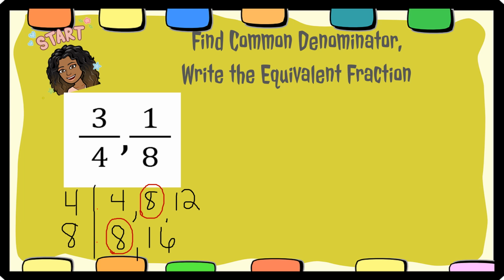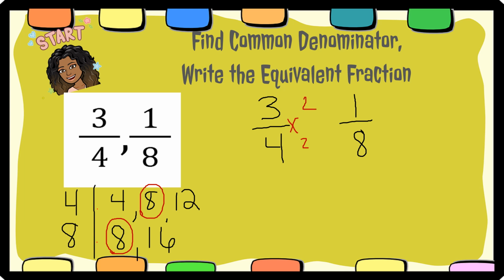8. So what I'm going to do is write out to the side 3/4 and 1/8. The only number that I can multiply 4 by to get 8 is 2. And whatever I do to the denominator, I must do to the numerator.